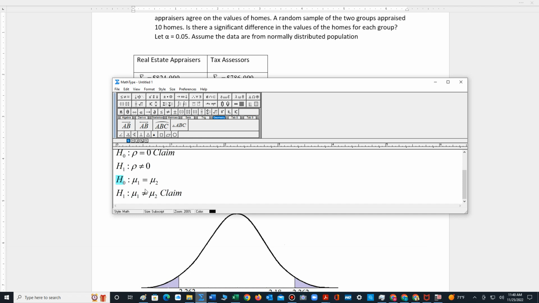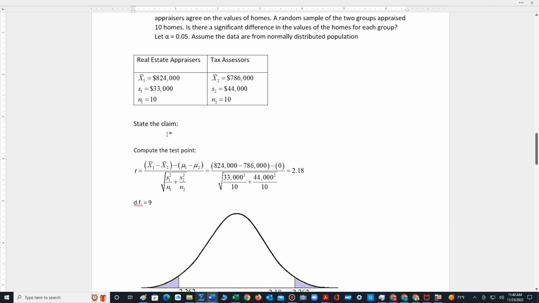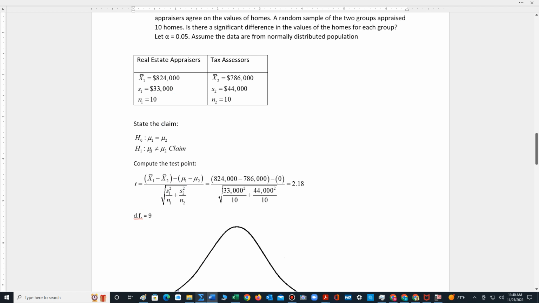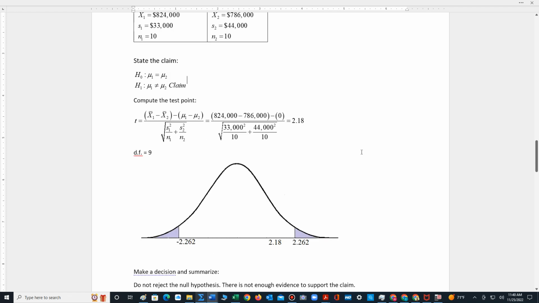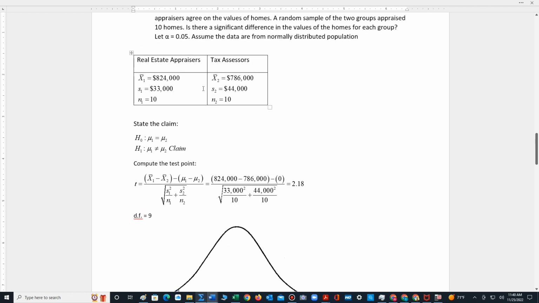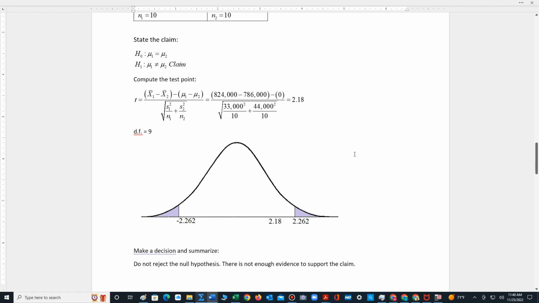Not different means not equal. So mu sub 1 is not equal to mu sub 2. That's the claim. H naught is that the two means are equal. It is a t-test because we are given the two sample standard deviations.